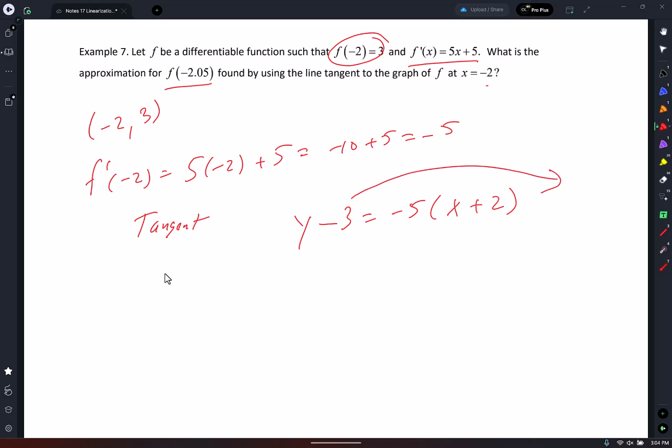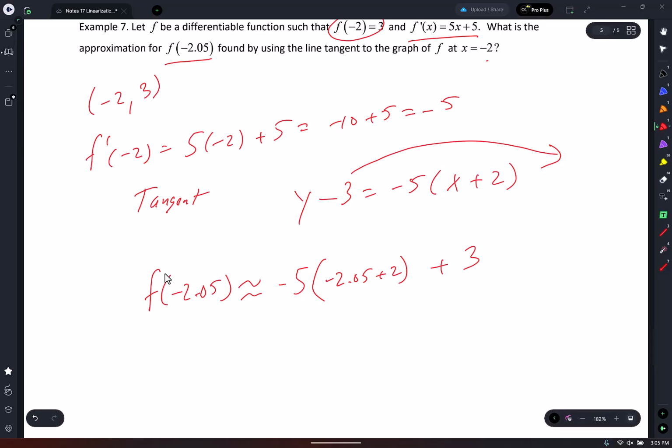Move this 3 to the right-hand side, and let's plug in. So f of negative 2.05 is approximately negative 5 times (negative 2.05 plus 2) plus 3. Let's see if we can do it without a calculator.